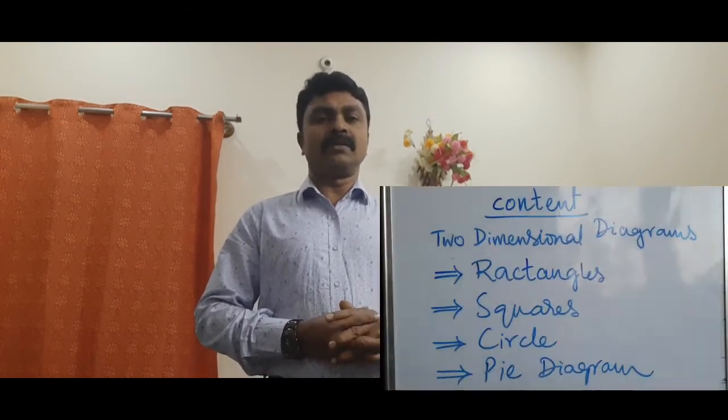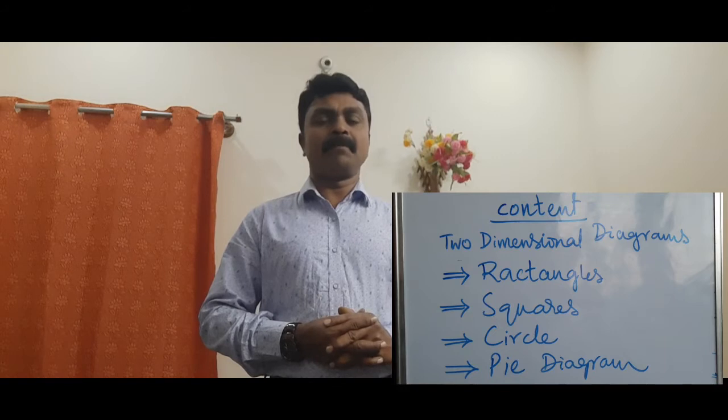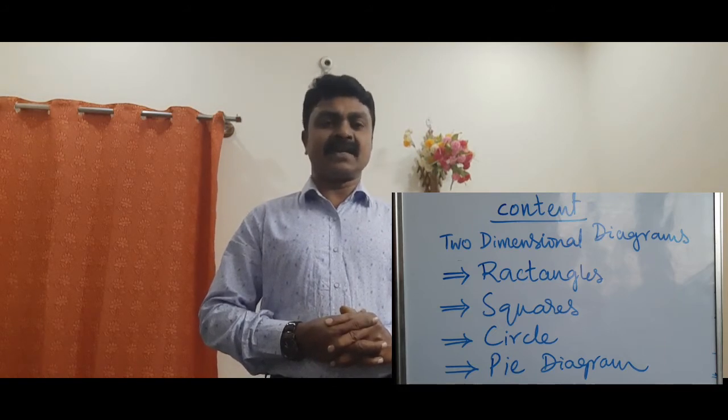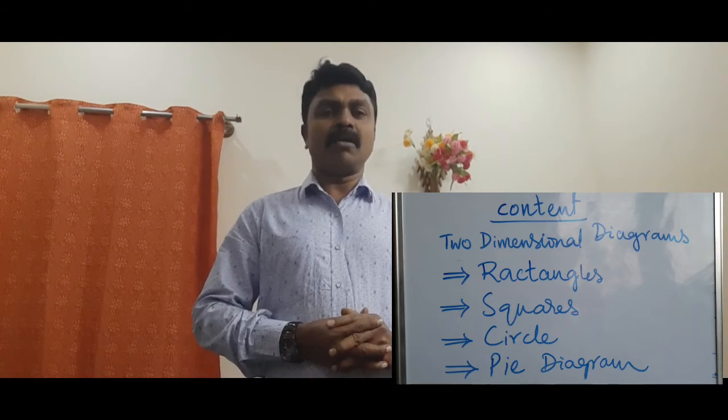Number 1 is a rectangle, another one is a square, the third one is circles, and the last one is the pie diagram or pie chart. Researchers must understand what we mean by these, so we have to understand them one by one.